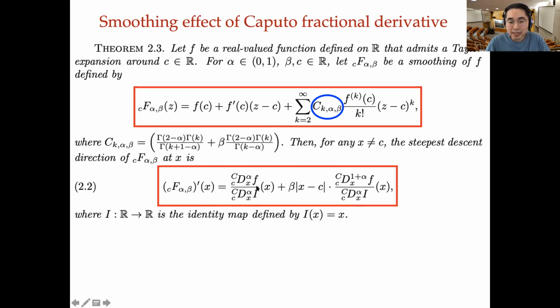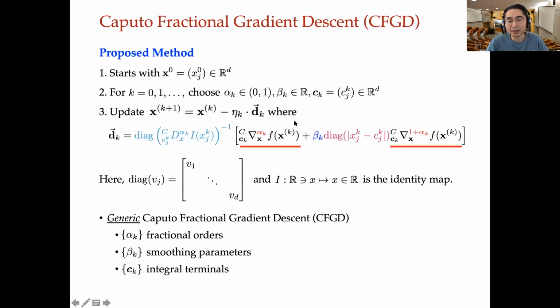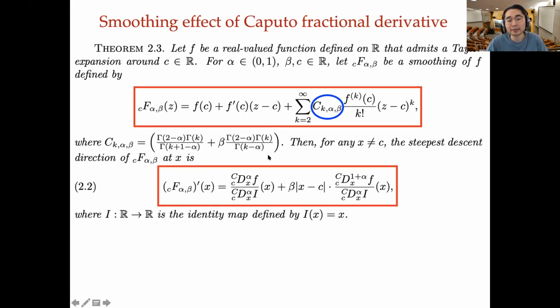Then you can see that the Caputo fractional derivative naturally arises, and it looks like what I defined in the previous slide. This is the general d-dimensional case, and this is just a univariate version of it. Note that when alpha equals 1 and beta equals 0, ck is just 1, which means our smoothing is just the original function.